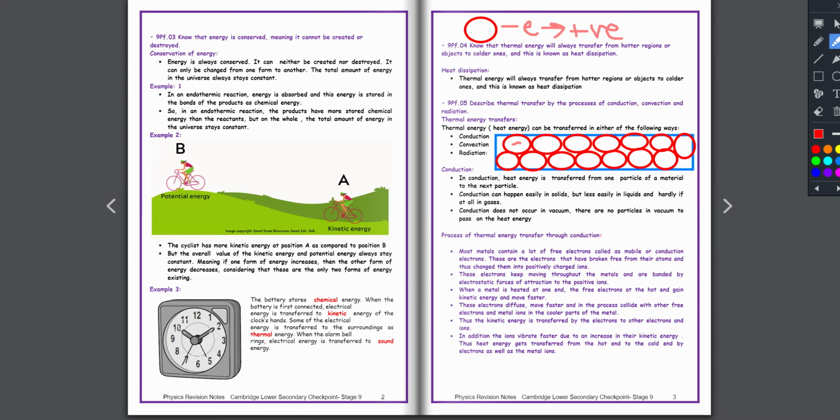So actually inside the metal strips, these are the positive ions. All of these are the positive ions. Okay, so I finished drawing all the positive ions by putting the plus signs.